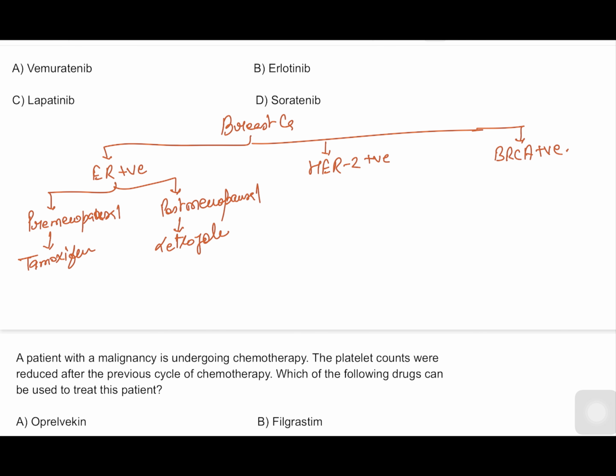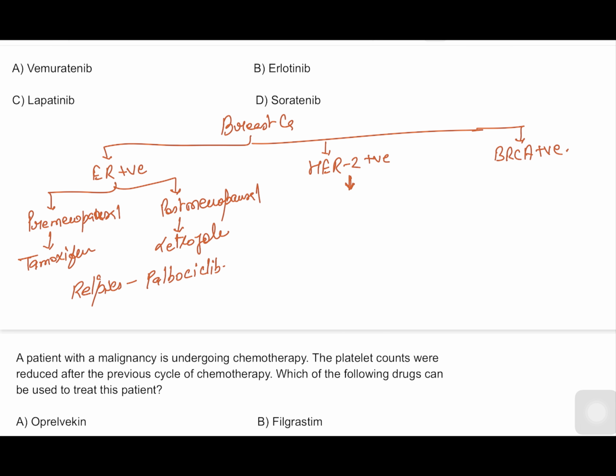So this will be the ER positive. But if in both cases the female is having relapses, then we will be using palbociclib. This is a CDK4 and 6 inhibitor, cyclin dependent kinase 4 and 6 inhibitor.